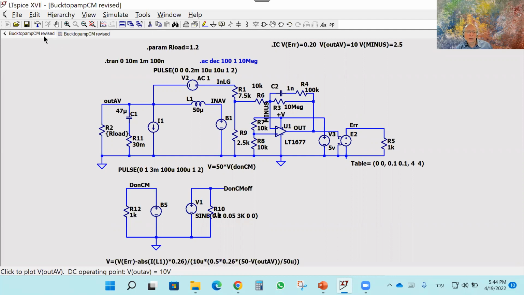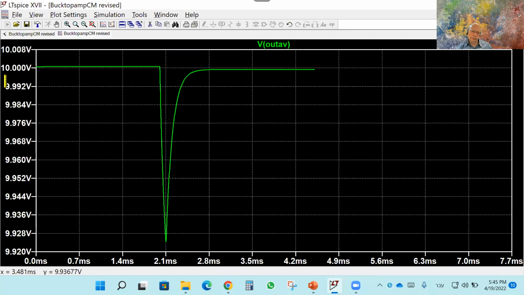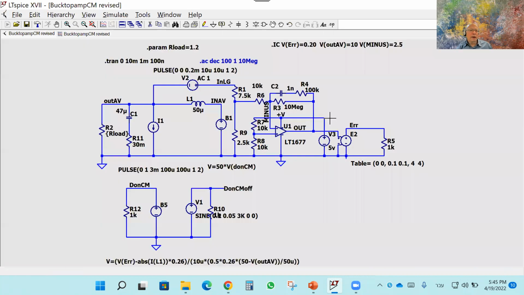Okay, and so this is what I've shown you before. This is how the output is affected. Now, since there is a drop in the output, we can see now how the compensator is responding.